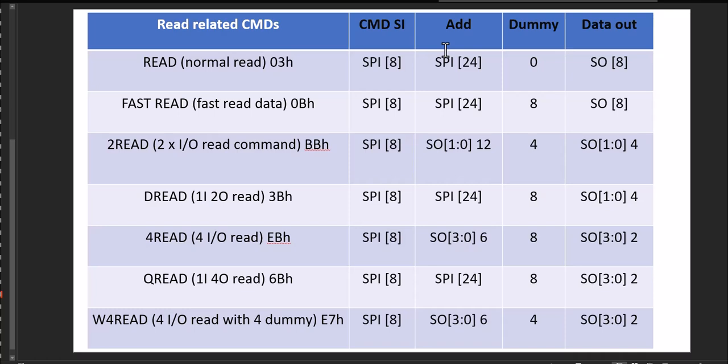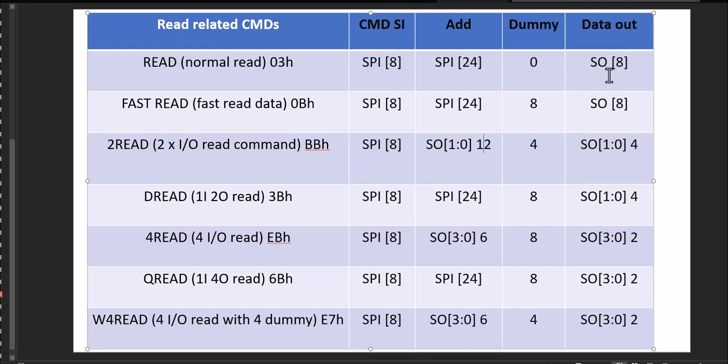If it is SPI, it is 24 bits or 24 clocks. If it is dual, it is 12 clocks, and if it is quad, it is 6 clocks only. As well, there is a dummy, maybe 0, 8, 4, like that.